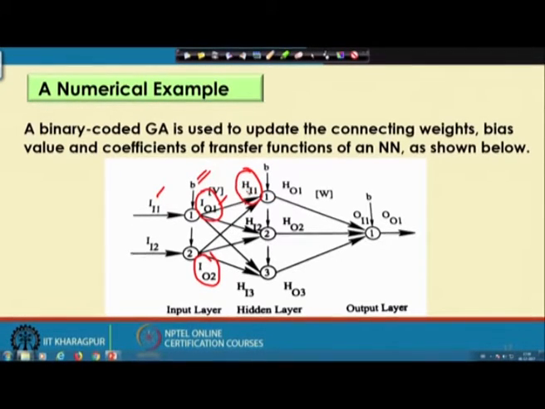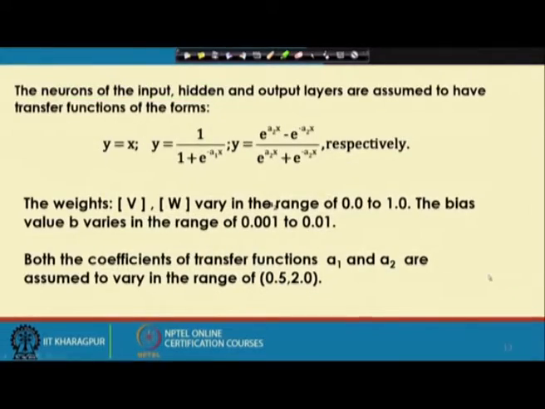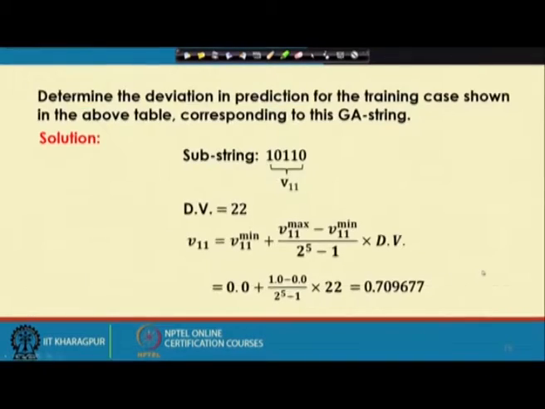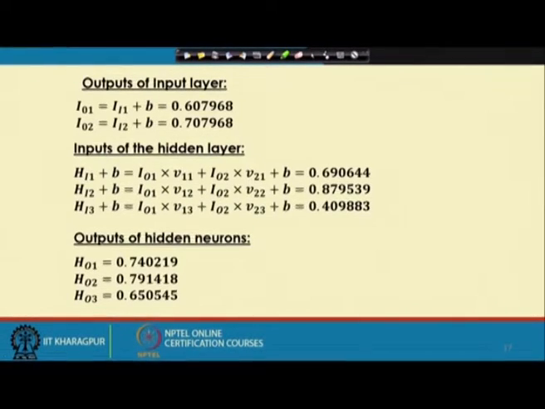To find out this particular input, what I will have to do is take this output multiplied by the connecting weight, this output multiplied by the connecting weight, and then add the bias value. Now, if you see the calculation, it is something like this.